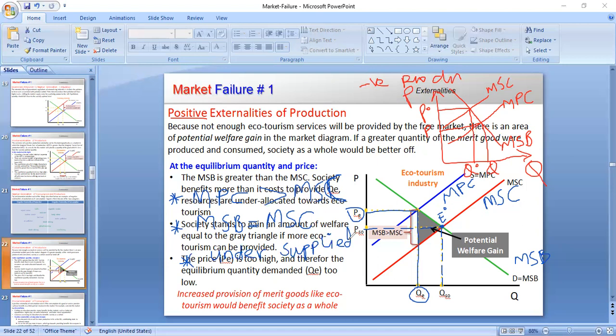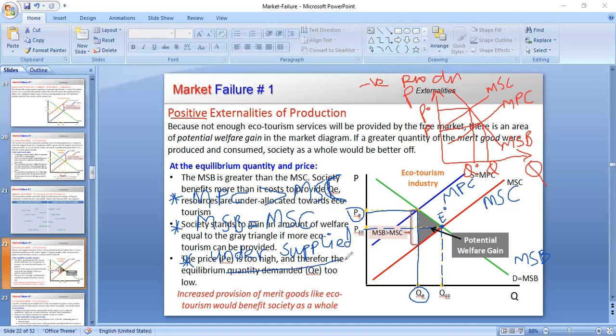Just like you see that good people are few in the world. So even with positive externalities, generally, whether in production or consumption, they are undersupplied in the market.